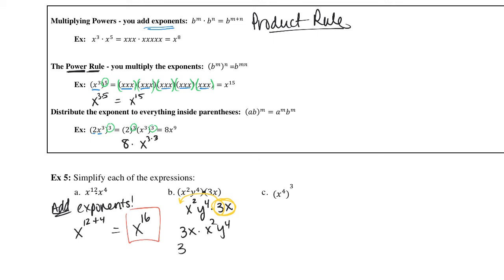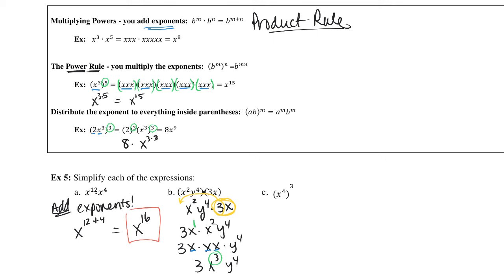And then that would be 3x times x squared. That means x times x, and then times y to the 4th. And then we have x times itself 3 times. 3x cubed y to the 4th. You could have, right back in here, x is the same as an x to the 1 power, and then we could have added 1 plus 2 to get that x cubed.